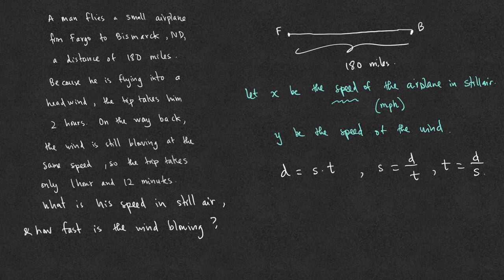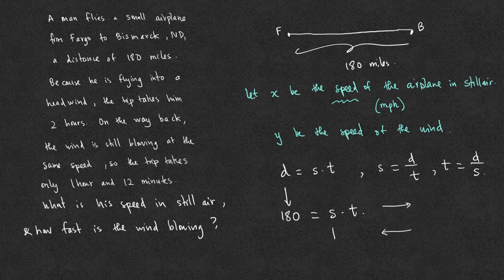Depending on the given information, sometimes we use one of these three, although it doesn't matter which one because they are all equivalent. If we use the first relationship, the distance equals the speed times the time, we would have 180 equals the speed times the time. We then find two equations using this relationship, one going to and the other one going back.